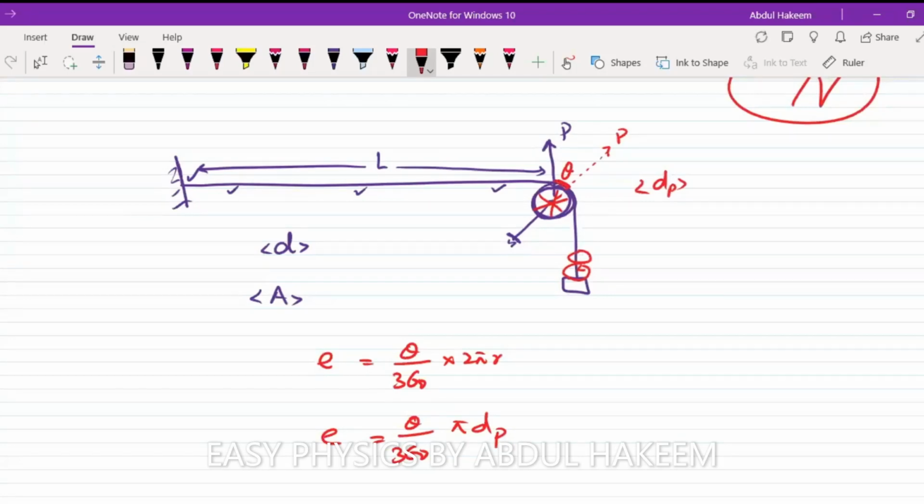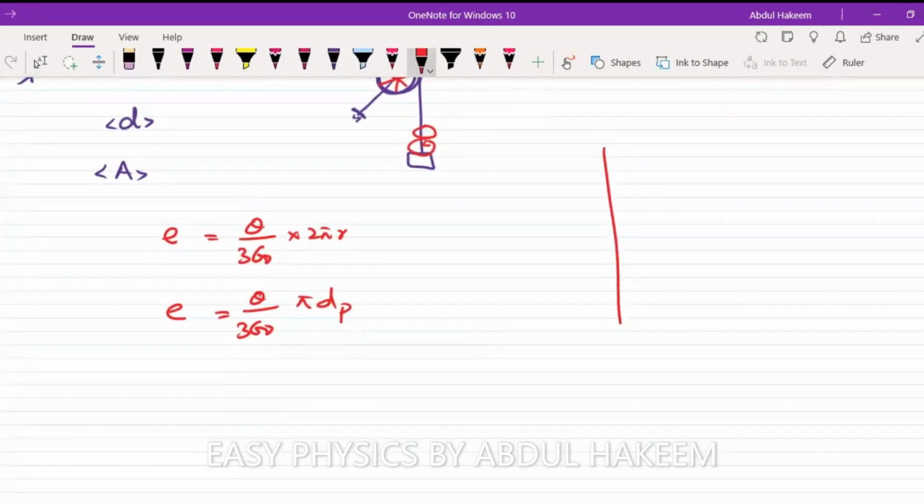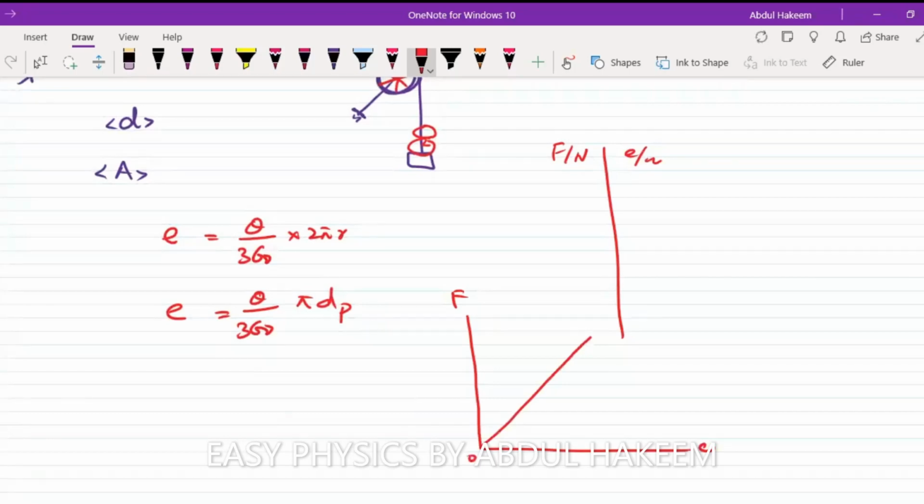And each time check whether the limit is crossed or not. Remove all loads, and if the pointer goes back to the original position, the experiment is performed within the limit. Then different forces, different loads and extension graph is plotted within the limit. For force and extension, it will be a straight line passing through the origin.